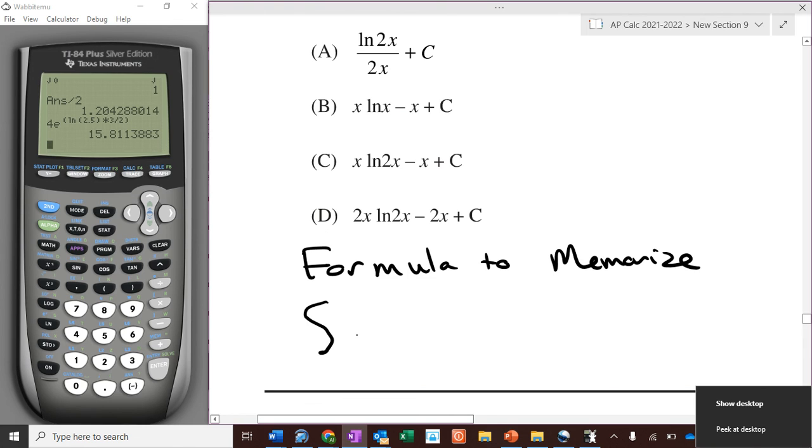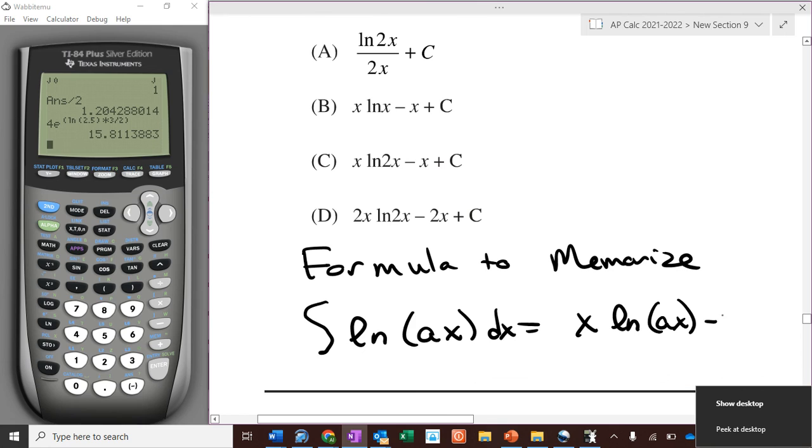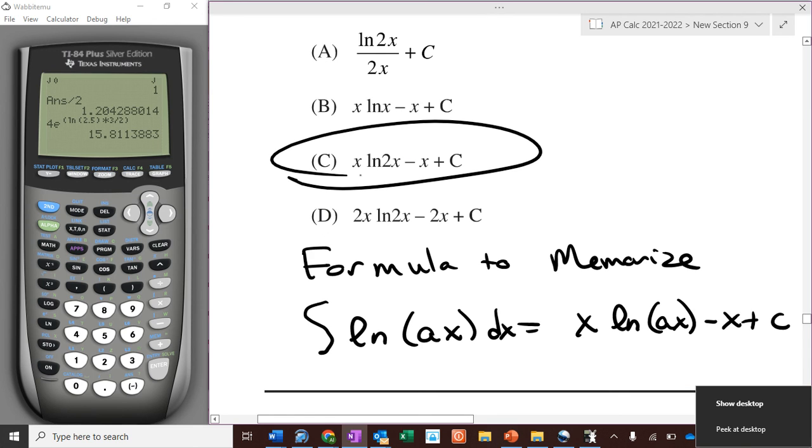So the integral of an ln of something times x dx equals x ln of ax minus x plus c. I remember that. So it is choice C. We never did that in class. I remember it. I went home and learned it myself.